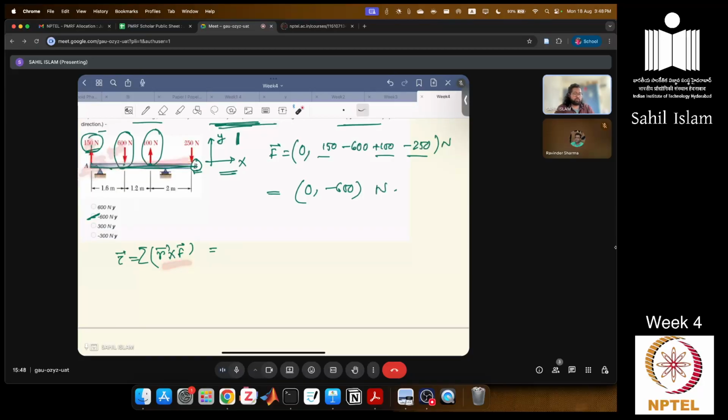So this is 1, so we can just write it is the sum of R times F. For the first thing it is AB times F1 plus, let's say this is B, so BP times F2 plus B, let's say this is Q, so BQ times F3 plus, there is nothing, so 0 for this force.